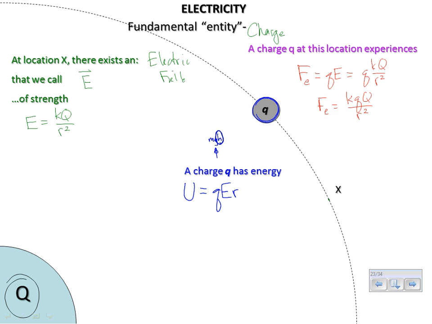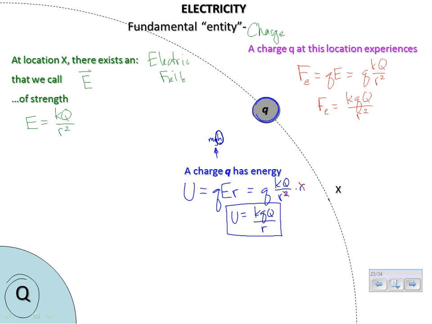Now we can rewrite that as q times E, which is K big Q over R squared, times R. We get to get rid of one of these, and we end up with U equals K little q big Q over R. Look back to the slide before, you'll see it's the exact same structure of an equation that we have for gravitational potential energy.